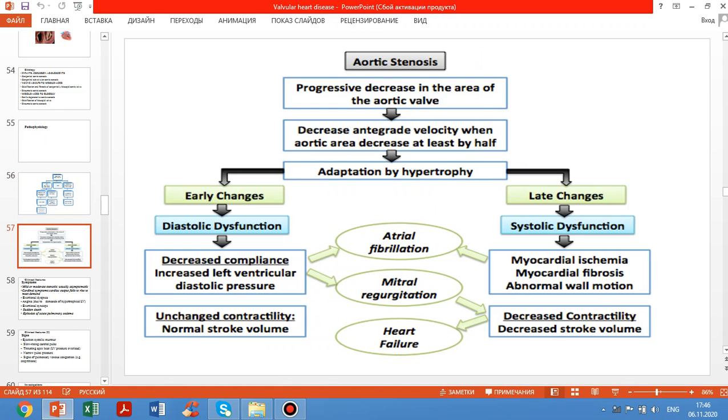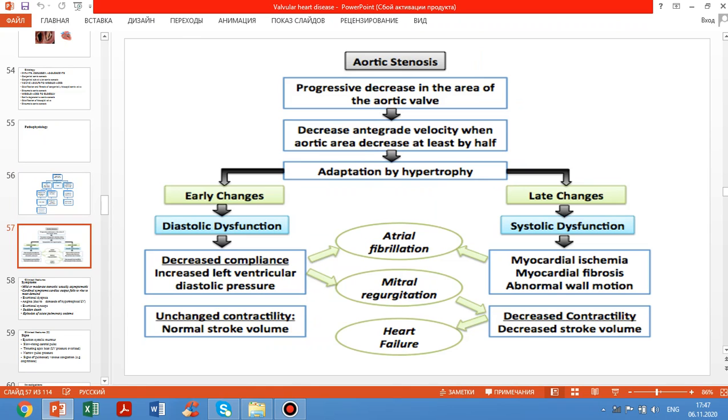Aortic stenosis is a progressive decrease in the area of the aortic valve. Antegrade velocity decreases when the aortic area decreases by at least half. Adaptation by hypertrophy, early changes: diastolic dysfunction, decreased compliance, increased left ventricular diastolic pressure, unchanged contractility, normal stroke volume.